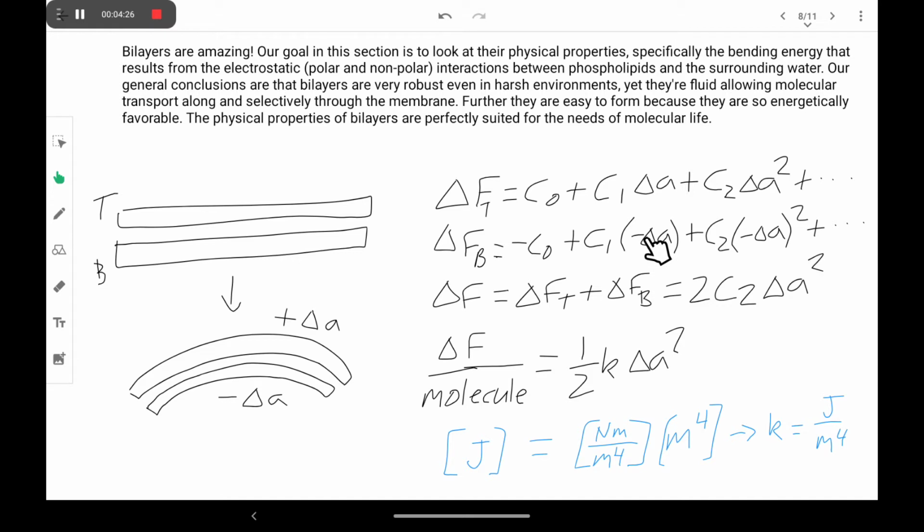Now the linear term, in fact all odd terms, the linear term, the cubic term, the fifth power term, because we're decreasing the bottom by the same amount as we increase the top, these are going to cancel out. The squared term, or the fourth power term, they will add.